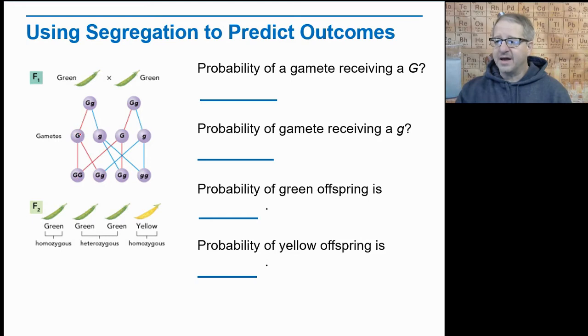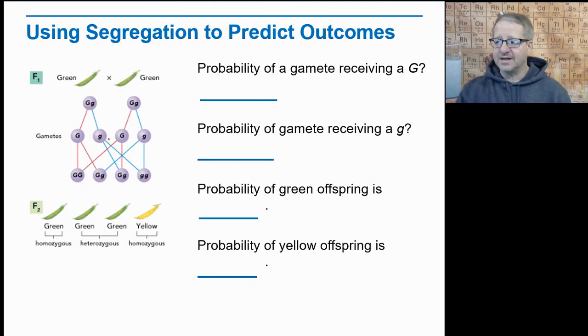So we could get a big G and a big G, which would result in a homozygous dominant. That's the allele combination here. Another possibility is big G, little g. This big G and this little g could combine to give us another green pea pod. That would be heterozygous.